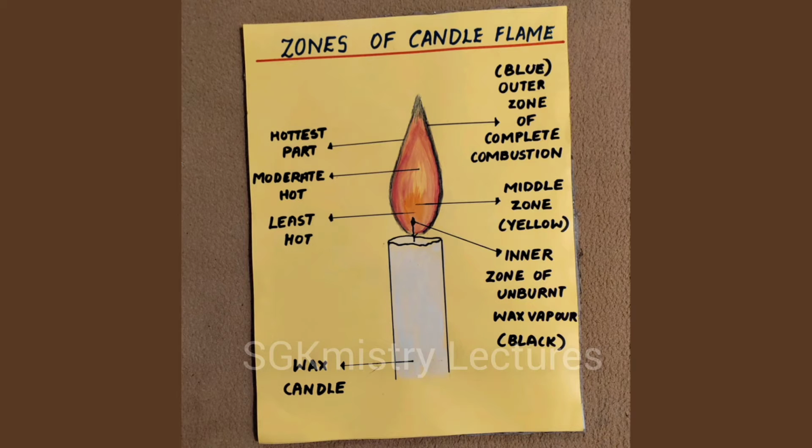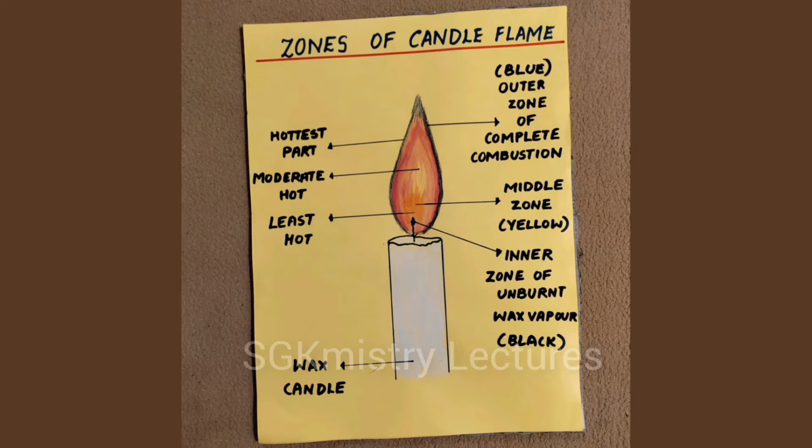Since combustion is not taking place here, this part of the flame is least hot. So this is about the different zones of the candle flame. The outermost part is very hot, the middle zone is moderately hot, and the innermost zone is least hot. This is based on the temperature.